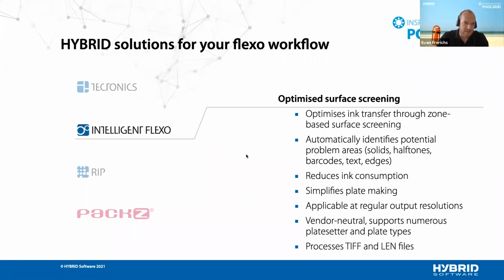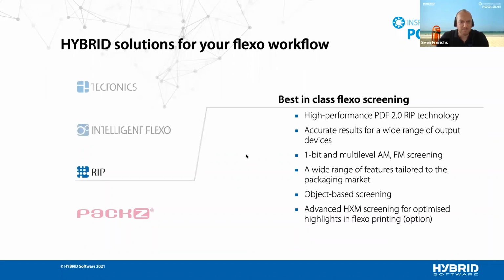Before that, we've been looking at the RIP. Well, mainly, we've not really been looking at the RIP, but we've been looking at the possibilities that the RIP offers you to work on the tonal values by curves and by taking care of the highlights, and perhaps by also applying the Harlequin cross-modulated screening in order to optimize the highlights and taking away work from the interactive prepress.